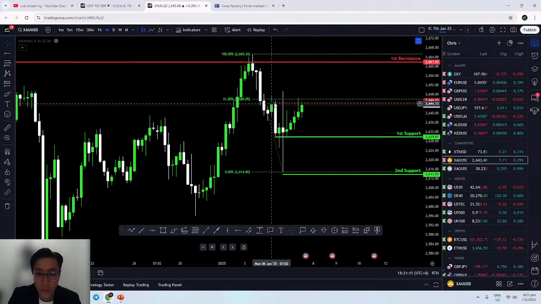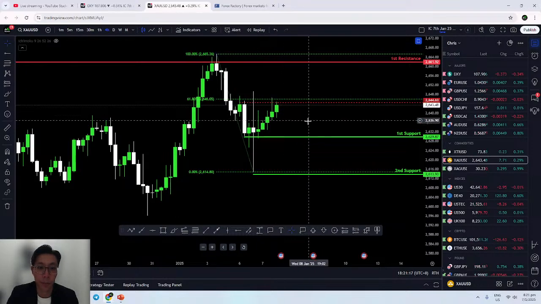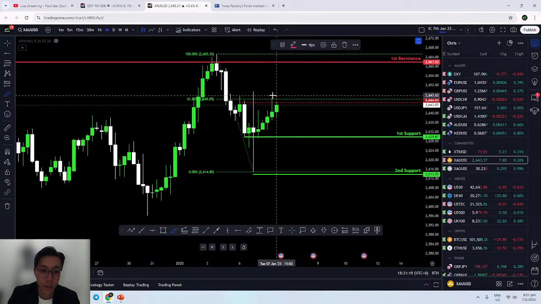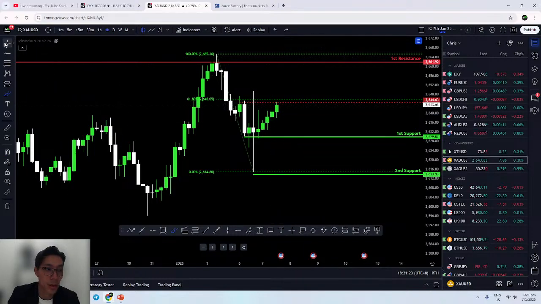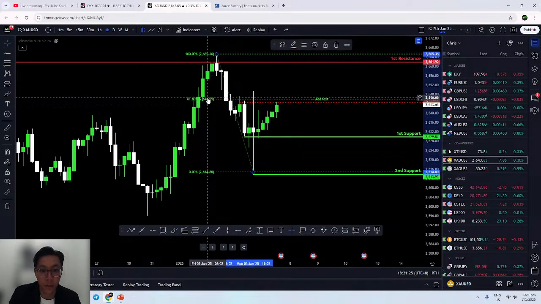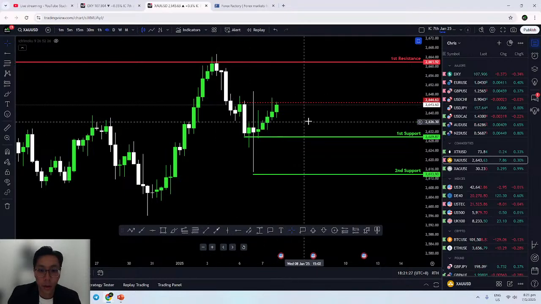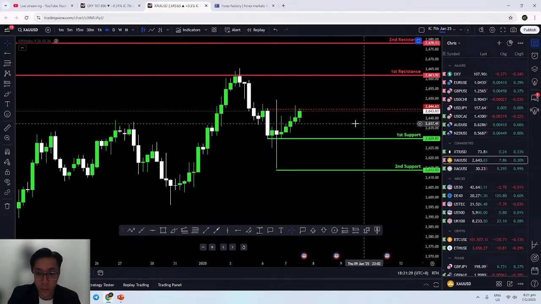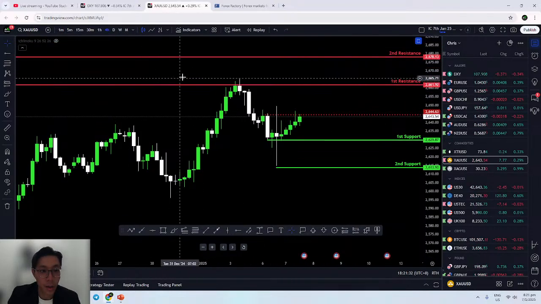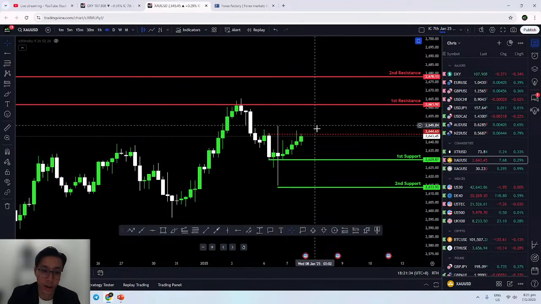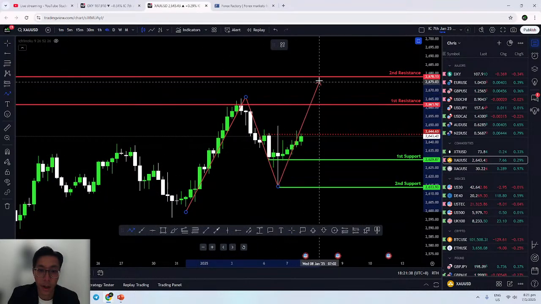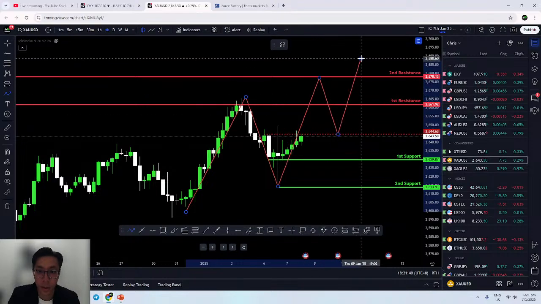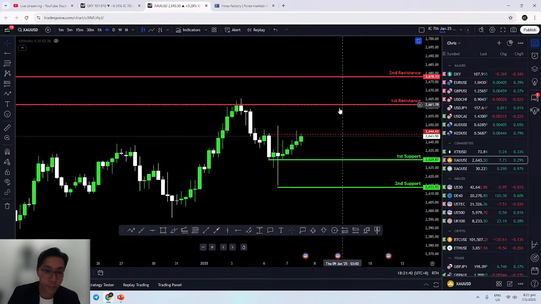We have a 61% level right here, but you see, price has tapped this level and showed rejection. So usually I won't use this fib level anymore. Most probably this level will get taken out to make a higher high, then higher low, higher high, something like that.